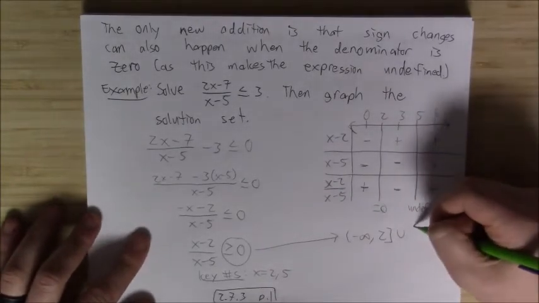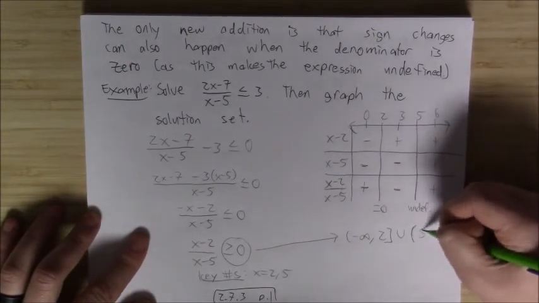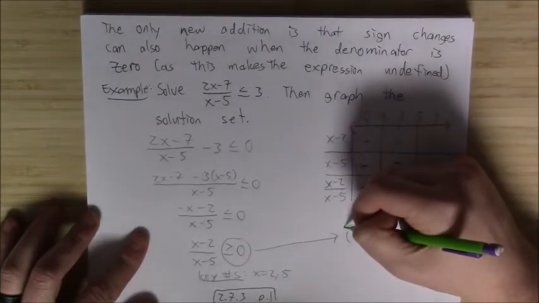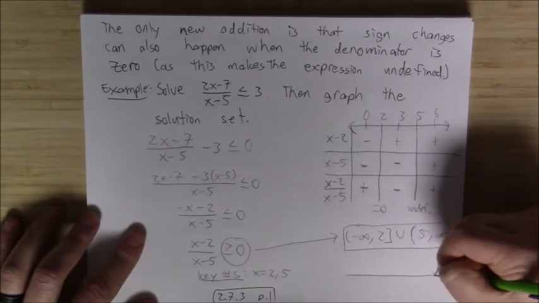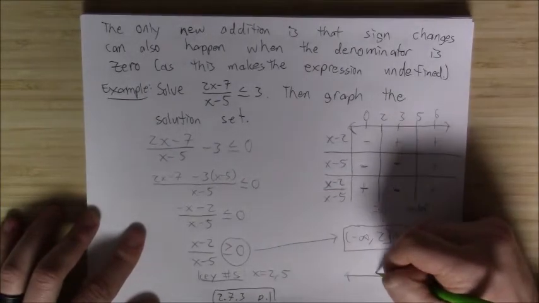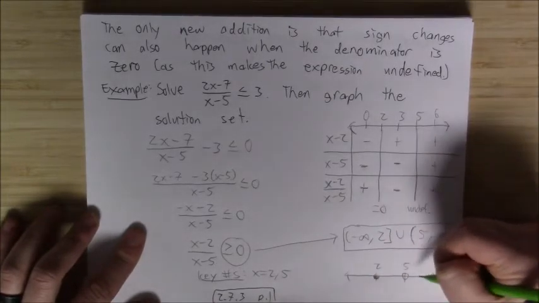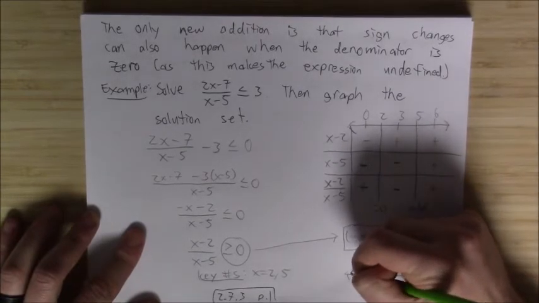Here it's undefined, so we have to leave that open, 5 out to infinity. If we were to graph the solution set, we'd have it closed at 2 but open at 5, shade in everything greater than 5 and everything less than or equal to 2.